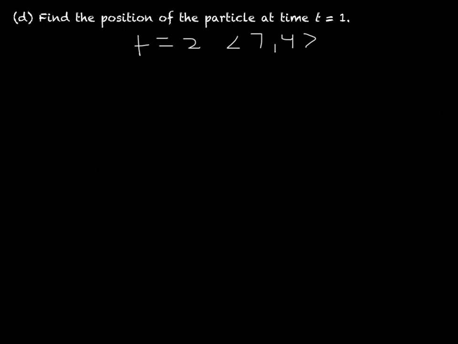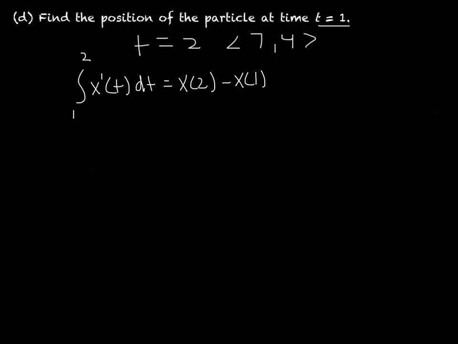So this one's similar to the one we saw earlier. We're going to integrate from 1 to 2, 1 because that's the time that we're trying to find, and 2 because that is the time that they give us. And so we're going to start with the x coordinate. So we're going to integrate x prime of t dt, and that's going to equal x of 2 minus x of 1.